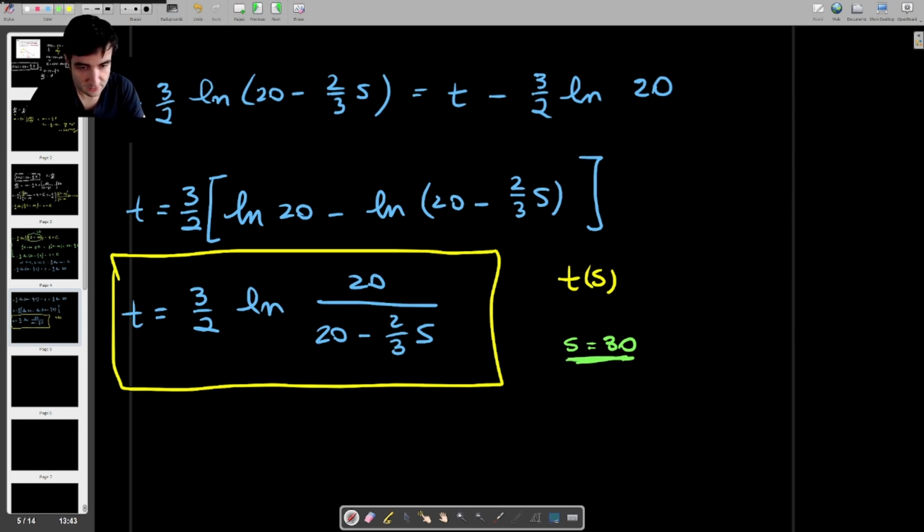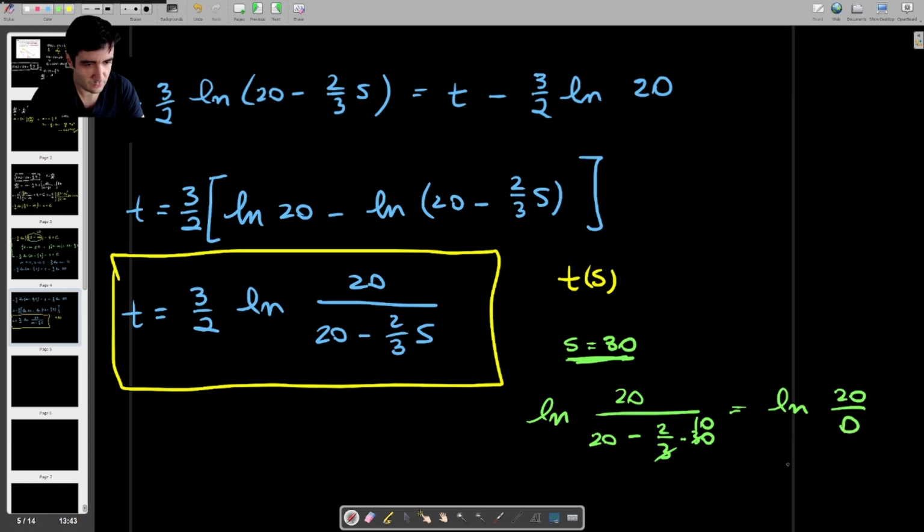So if we put s equals 30 here, this is going to be ln of 20 over 20 minus 2/3 times 30. And this is 10, this is 20 minus 20. So we just get ln of 20 over 0, which is not defined.